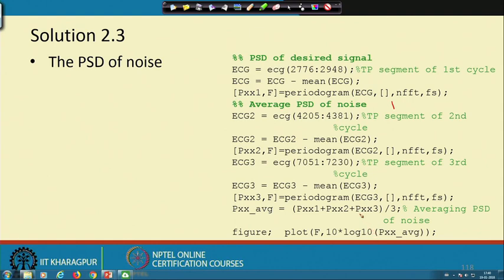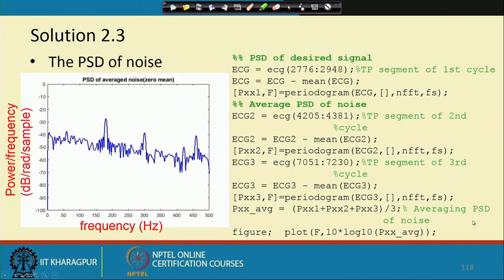We are taking a couple of segments from multiple cycles, and at the end here we have taken 3 such segments, and we have calculated Px1, Px2 and Px3, and we take the average of these 3, and the averaged one we plot here in the new pen.